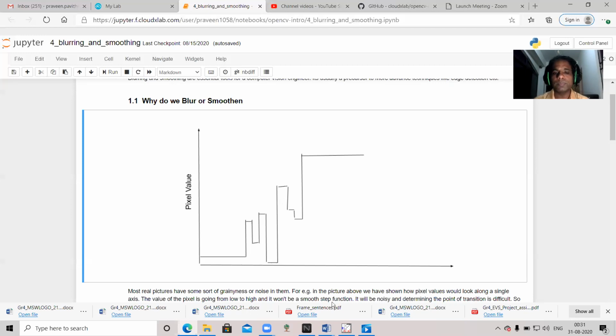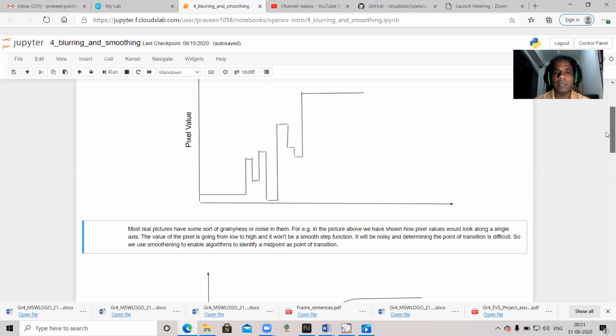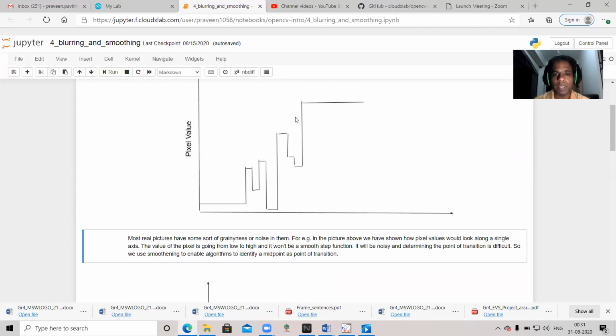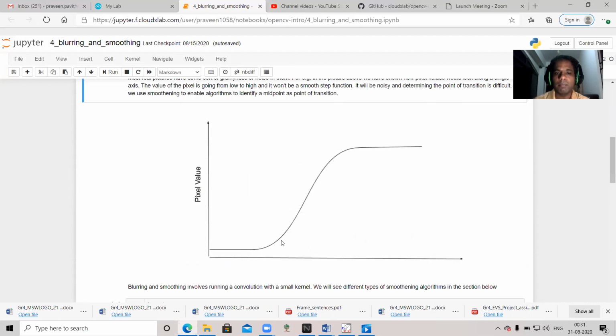So we want to remove this graininess, and to remove it, we apply some sort of averaging, some sort of weighted means in this region to eventually make the pixel values look like this. Once you have pixel values that look like this, you can easily decide what an edge is. We could choose the midpoint over here because it's nicely smooth, or you could run some functions based on derivative values of the slope, etc. We will look at that in more detail in future chapters.